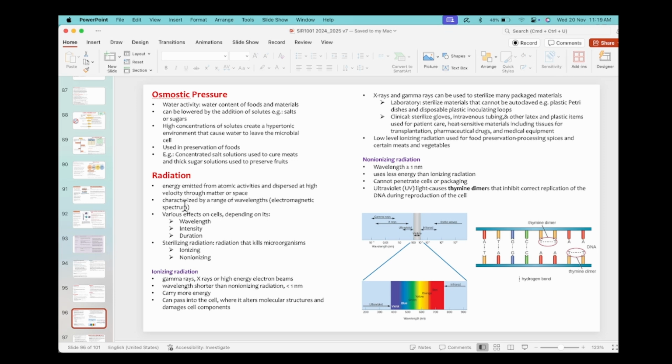Osmotic pressure is more for water activity. So the concept of water activity, when you pickle, when you preserve with sugar, when you preserve with salt, essentially what you're doing is reducing the water activity. Because when you add lots of sugar and salts to a liquid solution, the salts and sugars will bind the water molecules.